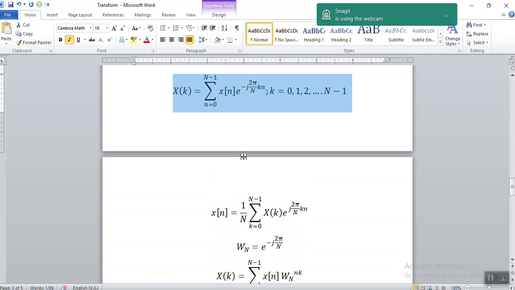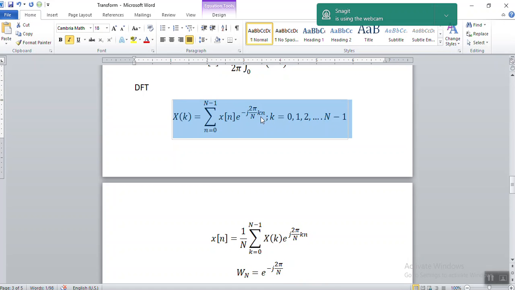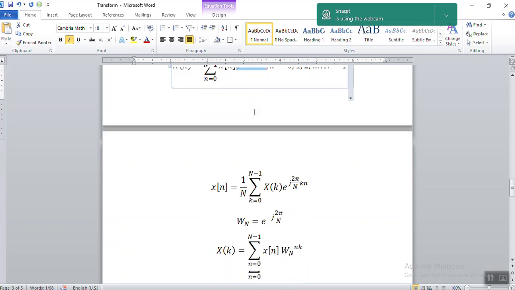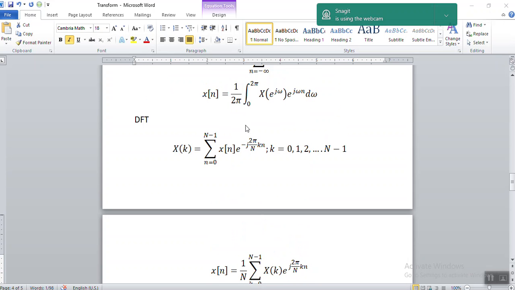Also, that is one point. Also, if we look at the term e to the power minus j 2 pi by N, and replace it with W N, which we call the twiddle factor, it follows symmetry and periodicity. It is symmetric as well as periodic.